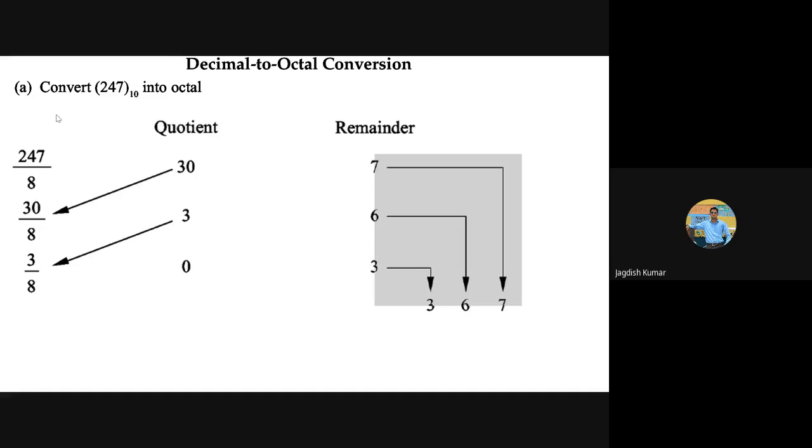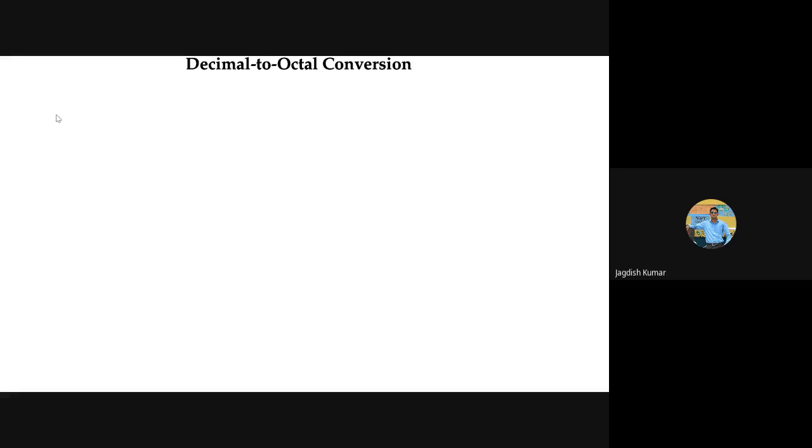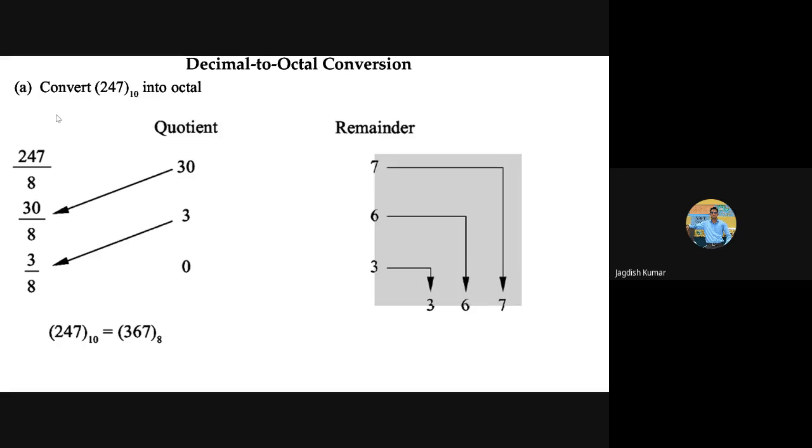Or similarly, we can't call this number 247. Correct? So what to call it? We don't call it as such. We say, okay, 367 to the base 8. It is better to call it like this. We are so familiar with the decimal notation that we are comfortable with that. In case of this, what should be the weight for 3? 8 raised to the power 2, 64.